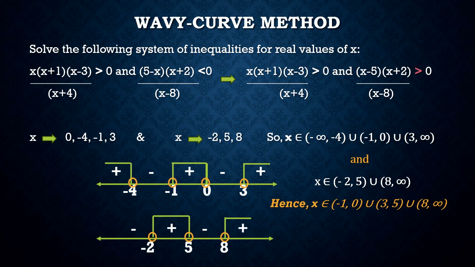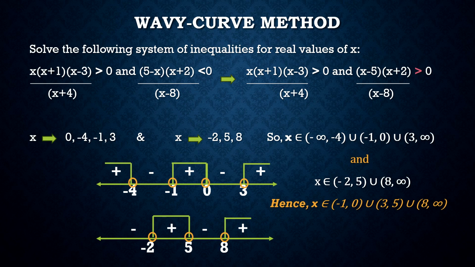So in the first one, x belongs to (-infinity, -4), open bracket obviously because the circles are hollow, not dark circles. So those values are not included. Union (-1, 0), and the next plus interval is (3, infinity). In the second inequality, x will belong to (-2, 5), union (8, infinity).